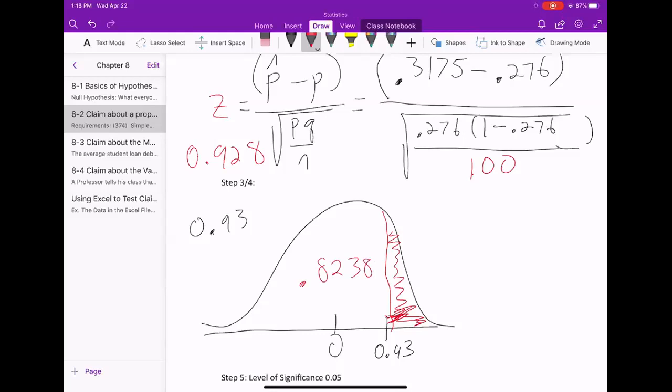You'd go to your table and find 0.8238, right? But our table reads to the left, so what Ben and Jacob said, I have to take that answer and subtract it from 1. So 1 minus 0.8238, and I get 0.1762.